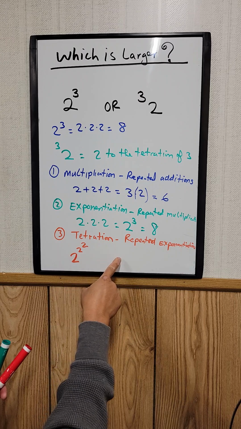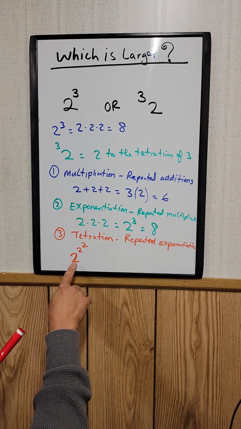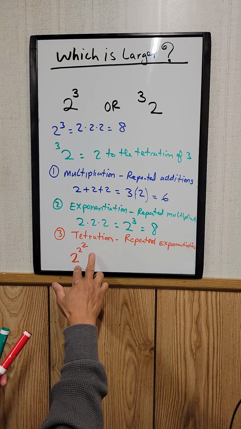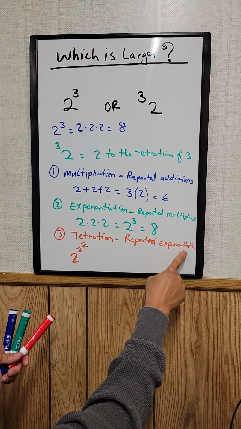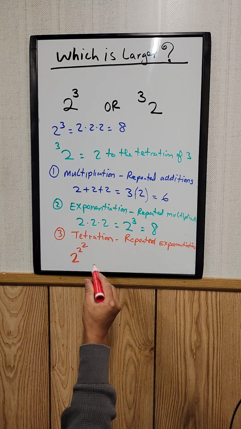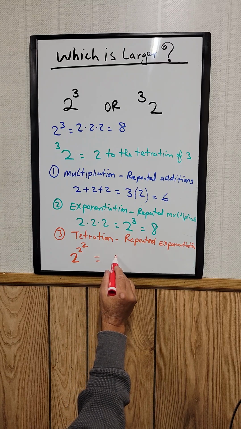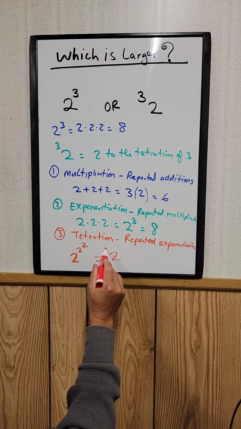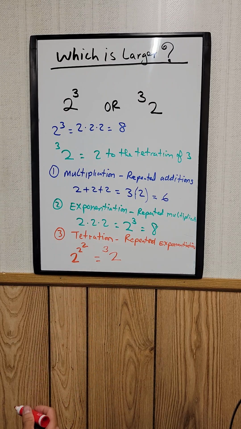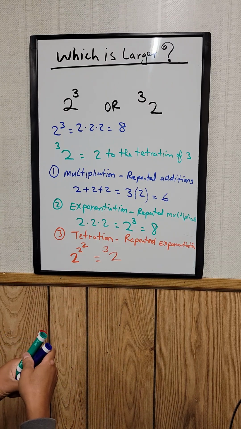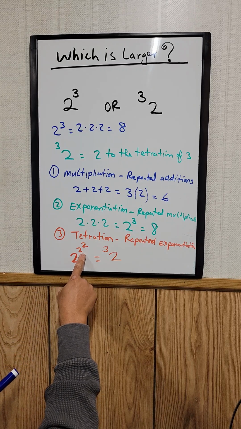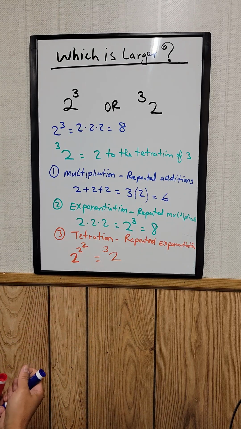So now, 2 raised to the power 2 raised to the power 2. Instead of writing that as a repeated exponentiation, you can write 2 raised to the tetration of 3. So that's equal to each other. How do you simplify 2 raised to the 2 raised to the 2?